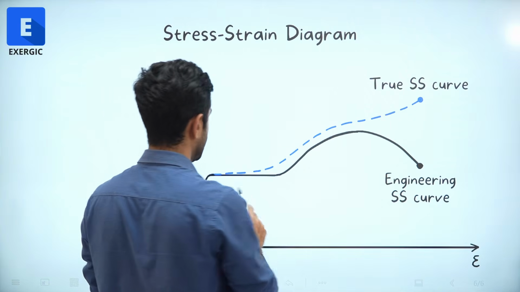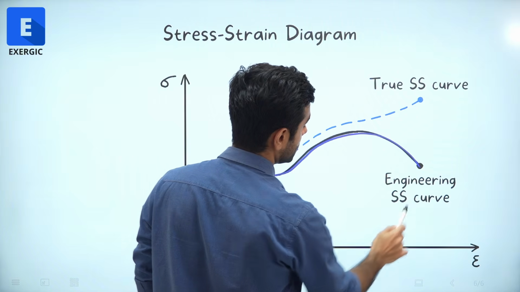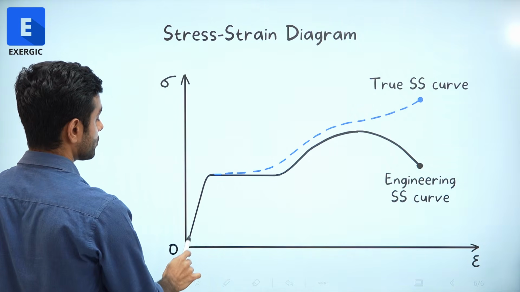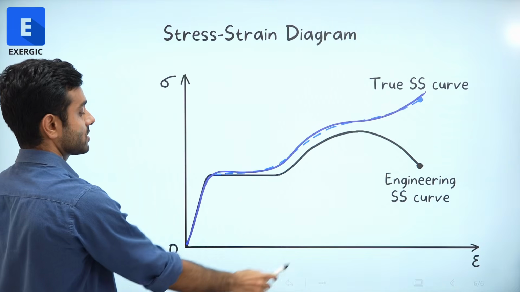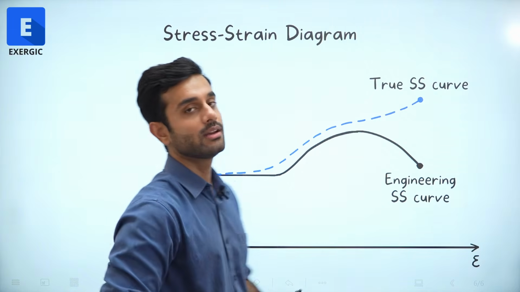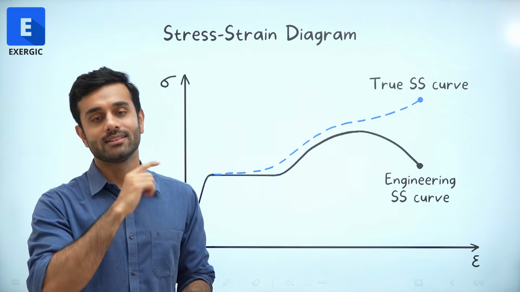Where we use initial area it is going to move like this, which is called the engineering stress strain curve, and where we use instantaneous values it is going to move like this, which is called the true stress strain curve. Now let us discuss these two curves in detail in the next lecture.